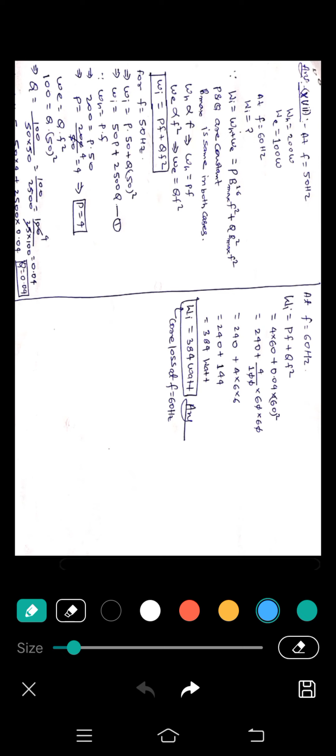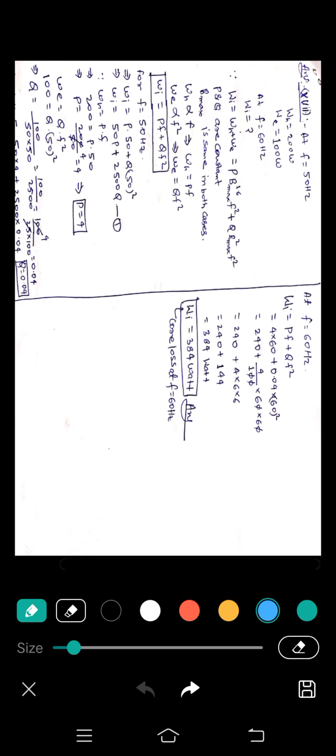In terms of proportionality, WH is proportional to F, so WH is equal to P into F, where P is the proportionality constant. And WE is directly proportional to the square of frequency, so WE is equal to Q into F square, where Q is the proportionality constant for eddy current loss.